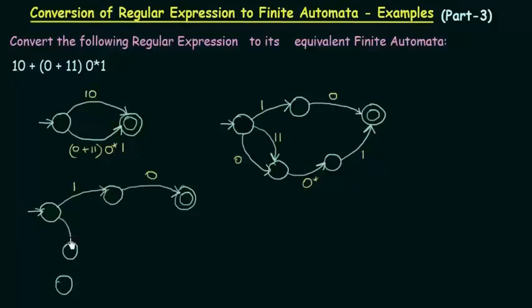I'll say this will come to this state on getting input 1, and it will proceed to the next state on getting the next input 1. So we have designed for these two, and this 0 will remain the same. It has to go to this state, which is this one. So I will send this state over here on getting input 0. Okay, so now we are done with this part.